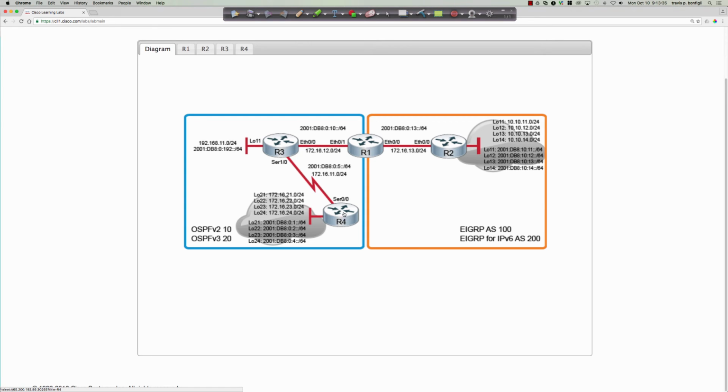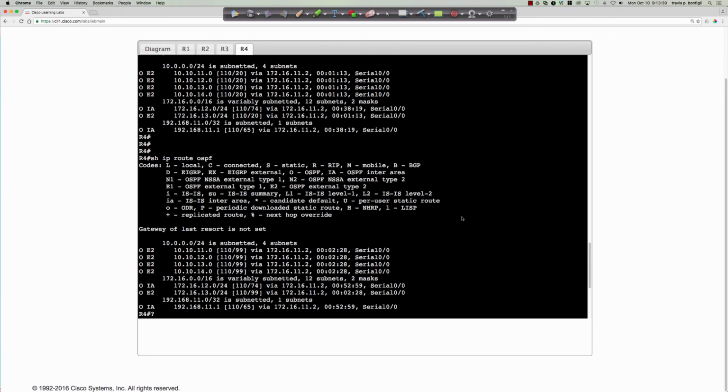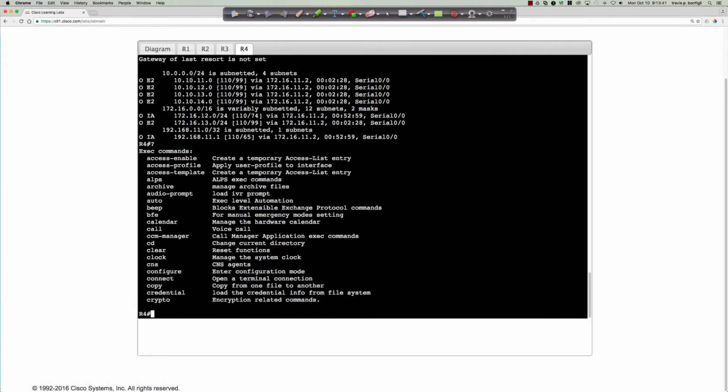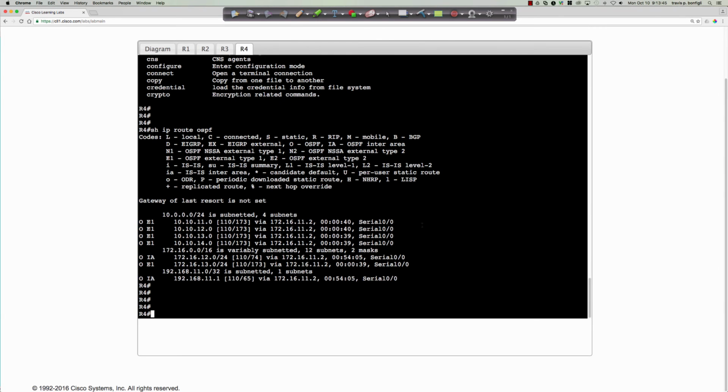And now let's take a look down here at router 4. So we come all the way down to router 4, and we're going to say show IP route OSPF. We're going to see that information and take a look. So it's incrementing. The metric is incrementing as it makes its way along the path. So from the point of view of router 4, the OSPF metric is 173 now.